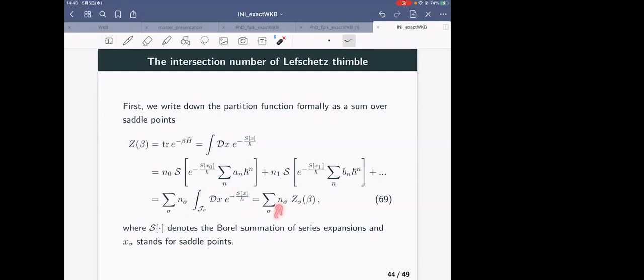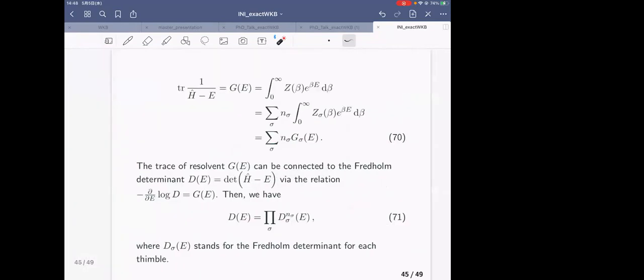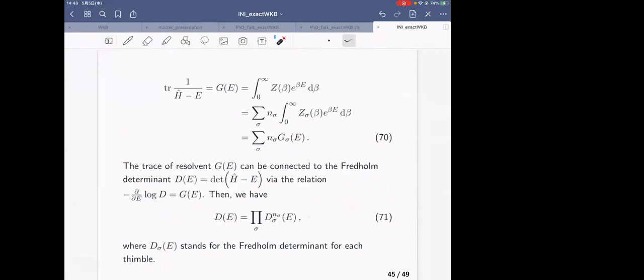And this n_sigma is called the intersection number of the Lefschetz thimble, which determines which saddle point is relevant or not. And the trace of the resolvent G is just calculated by this Laplace transform, and the Laplace transform is linear. So again, we can get this form.